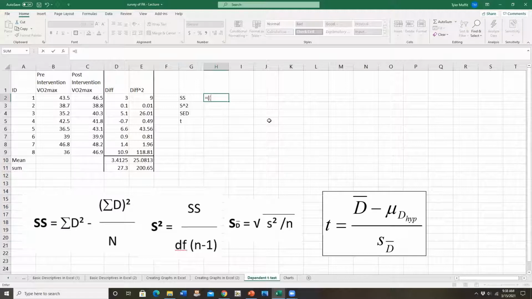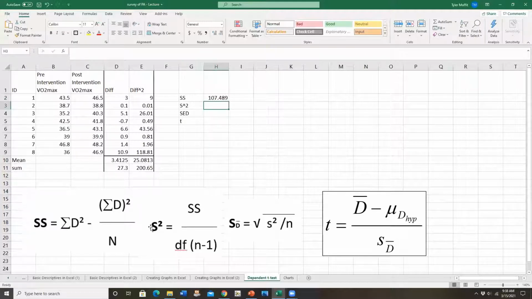So I'll open up a parenthesis for that, minus, open up another parenthesis, and now I need the sum of the differences quantity squared, divided by n. I know that n right over here is 8. And then I can close out all those parentheses and have my sum of squares there.